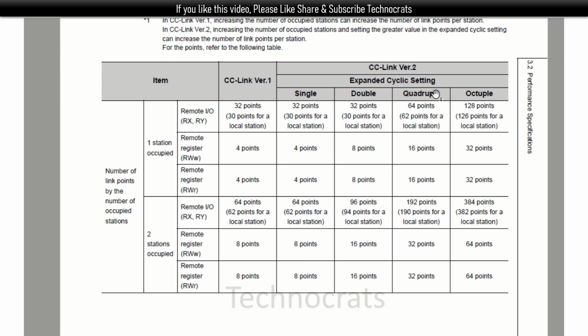For quadruple this will be 64 and these data registers will be 16 and 16. And for octuple this will be 128 Rx and Ry and 32 points read registers and 32 points write registers.